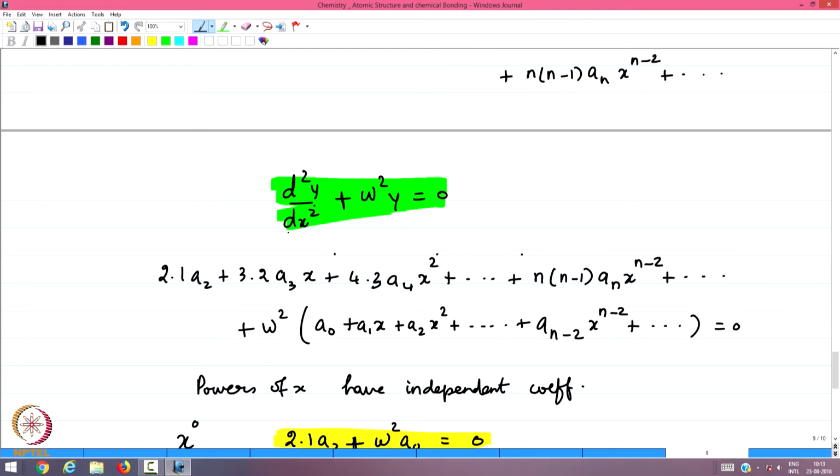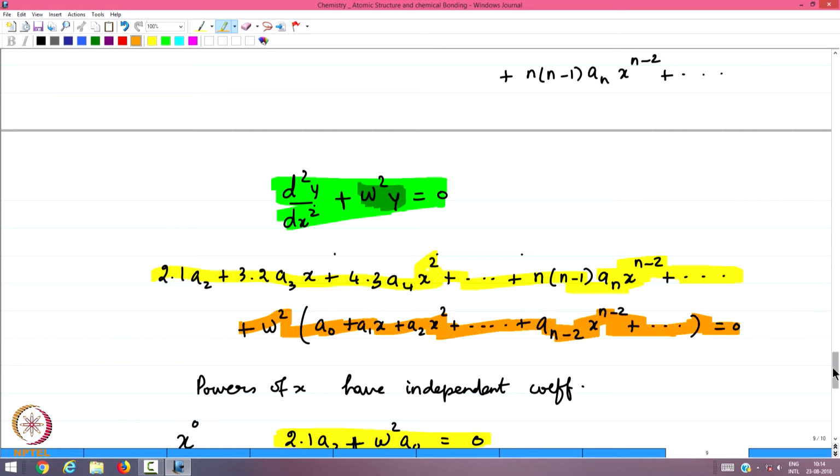So, d squared y by dx squared is given by this term, okay, all these things. This is an infinite series, and then the omega squared y term is omega squared times a naught, a1 x, a2 x squared, all these. So this is the omega squared term, and this is the d squared y.